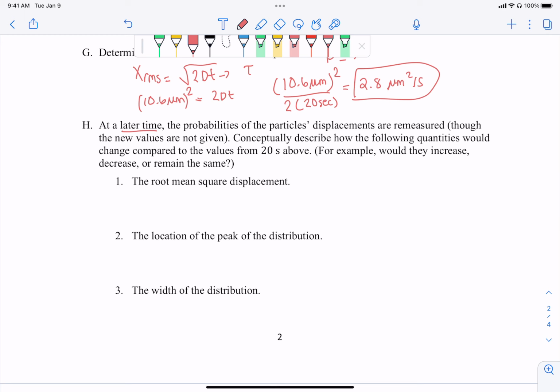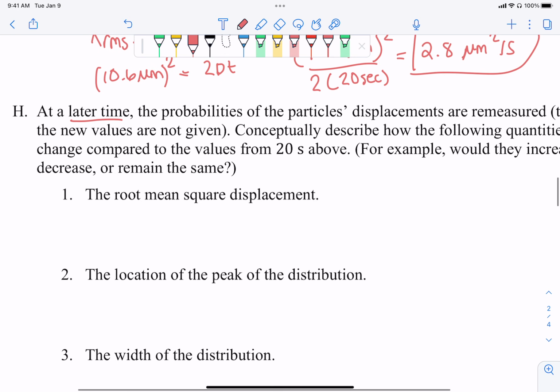So if I think about root mean square displacement, right? XRMS, root mean squared displacement. What happens to that with time?